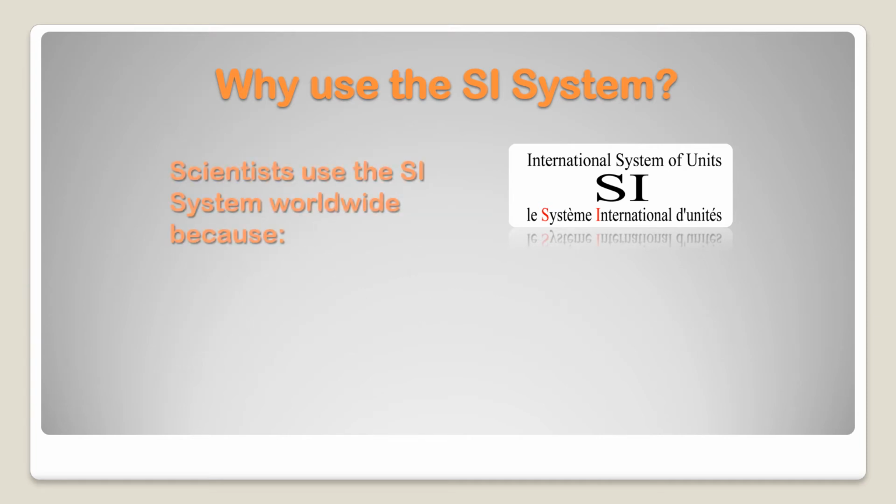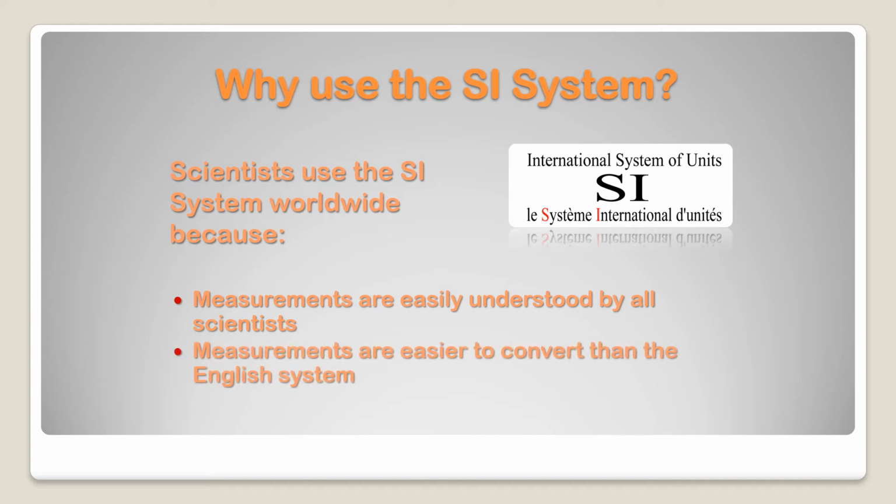Scientists use the SI system worldwide because the measurements are easily understood by all scientists. It wouldn't be very good to have a system of units that not everyone understands, and it can cause issues on projects and things like that. Measurements are actually a lot easier to convert than the English system. The SI system is so easy.